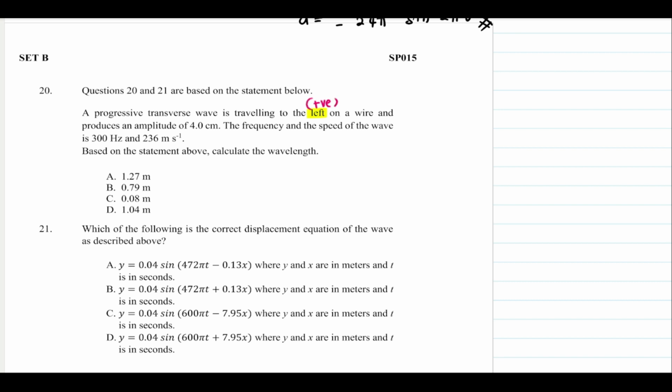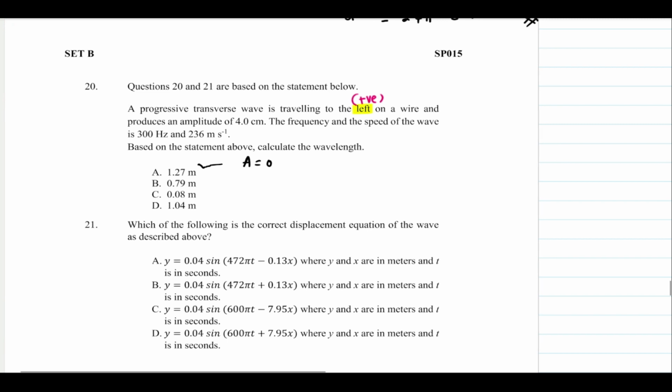Apa yang positif, jadi kita akan tengok. And the amplitude is given, so I will take out all the informations. So A is equal to 0.04 meter. Frequency is 300 Hertz, and V is 236 meter per second.